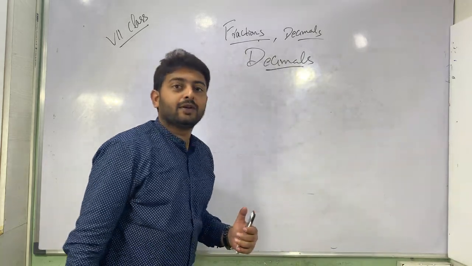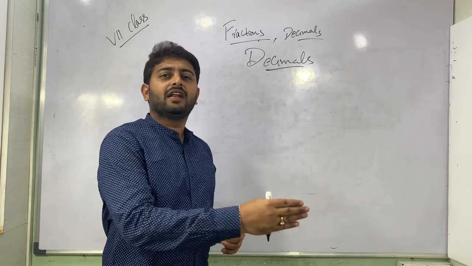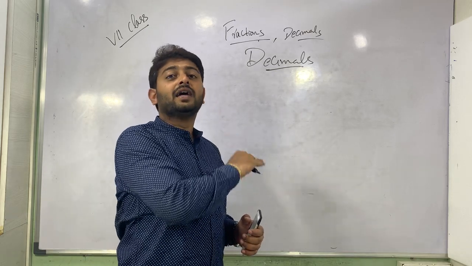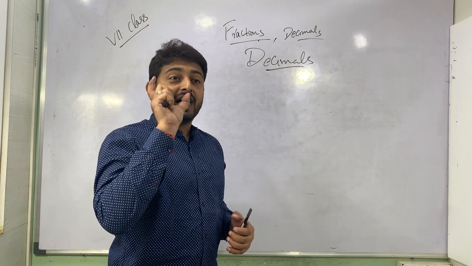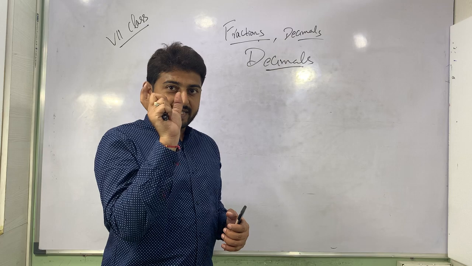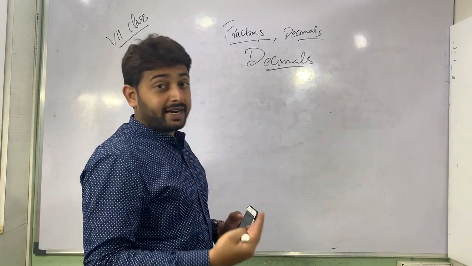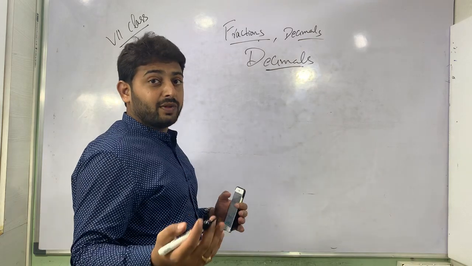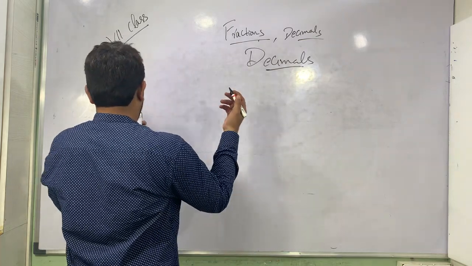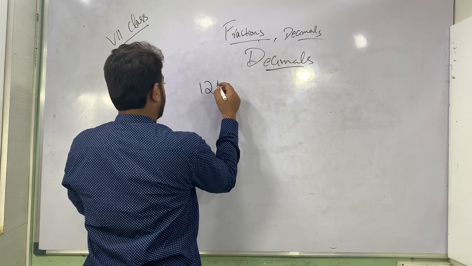In any general numeric form, you might have learned about the ones, tens, hundreds, thousands, 10,000s, 1 lakh. If there is a big number, you will find what each digit stands for by counting from the right. For example, I take this example: 12714.